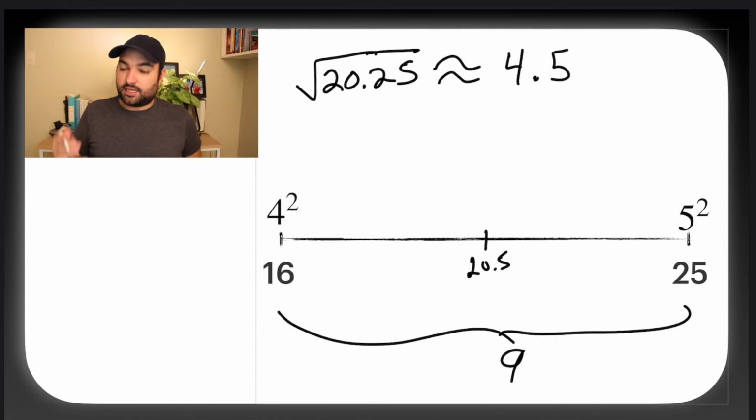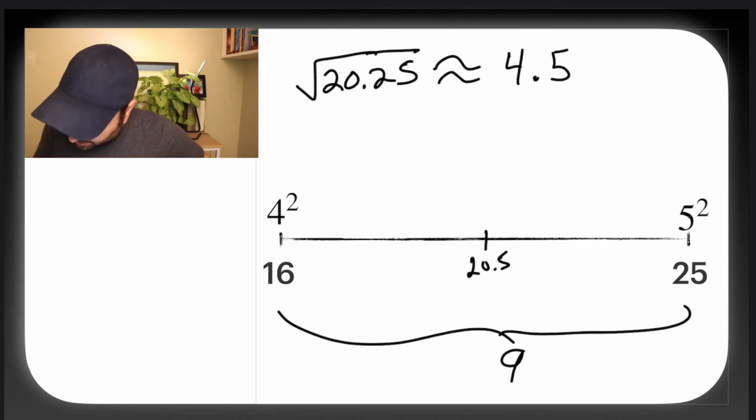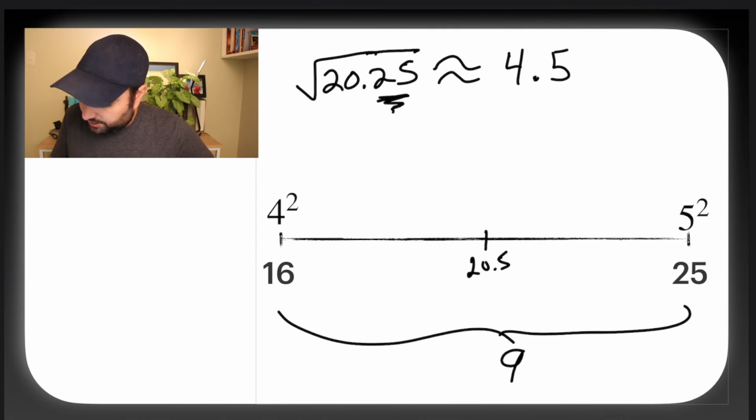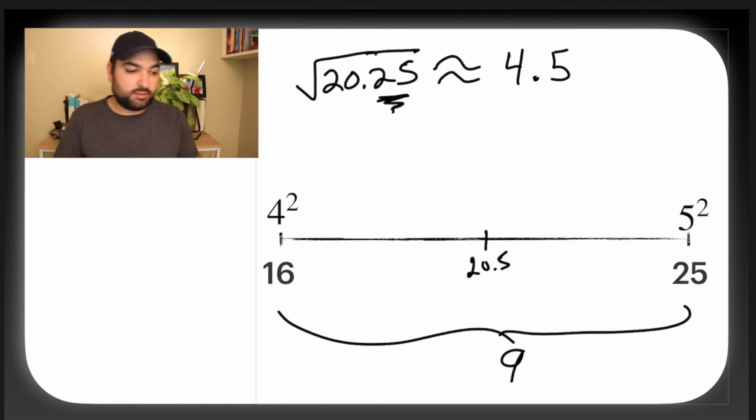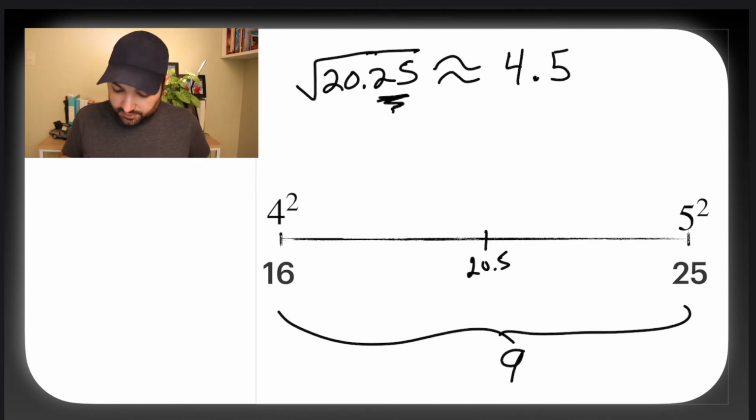So what I'm saying is that 4.5 times 4.5 might be 20.25. I feel pretty good about that, because the number ends in 0.25 here, and so 0.5 times 0.5 will give me a 0.25. So if I check the calculator, what's the calculator going to say to me? Yep, it's 4.5. So the square root of 20.25 is 4.5. So that's a decent estimate.